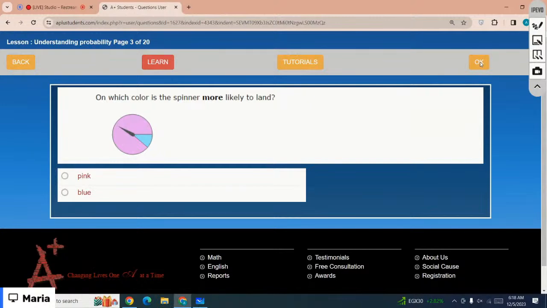Yes, the more portion is pink, so it is more likely to land on pink. The correct option is pink. Very good.